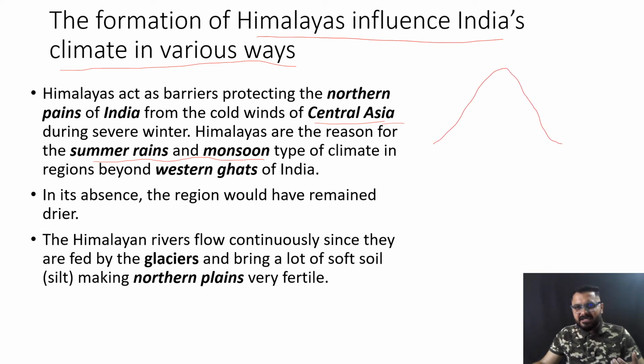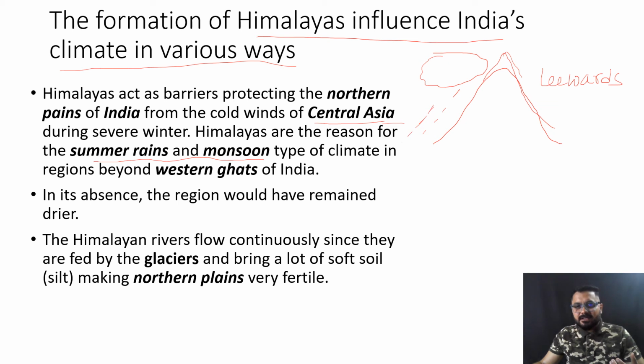Now imagine that there is a cloud here. When the clouds move, these Himalayas act as barriers and prevent the clouds from passing to the leeward side, and that is why the clouds start precipitating in this region.